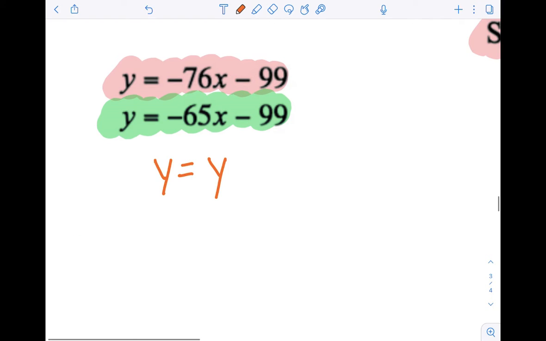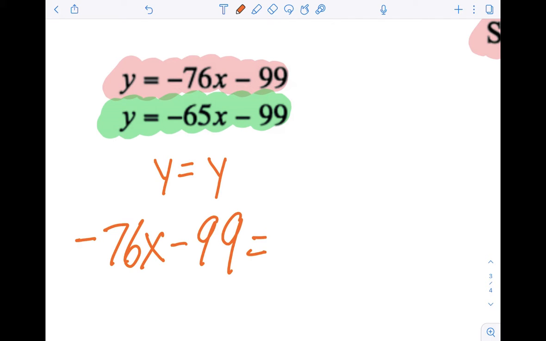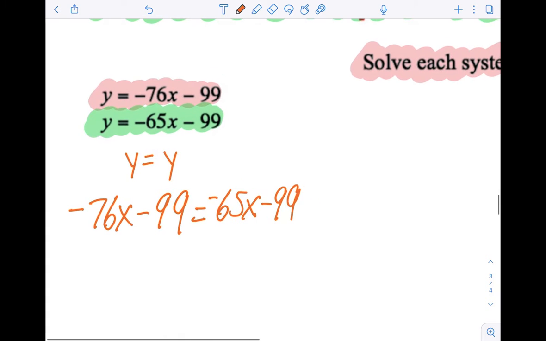So I'm going to say negative 76x minus 99 is equal to, so that means that these two are equal to that y, so negative 65x minus 99. Look at that.